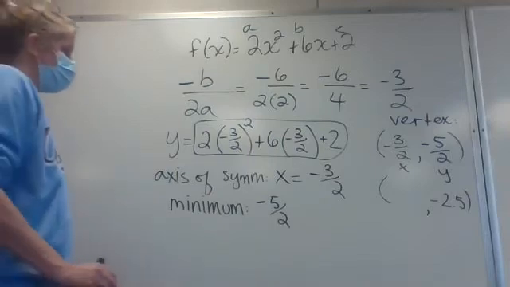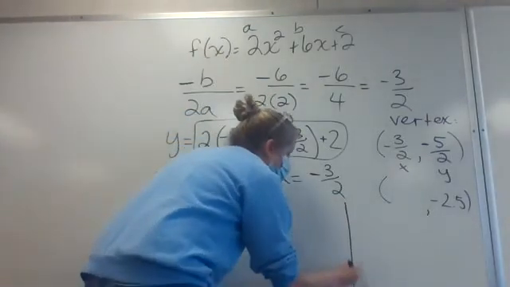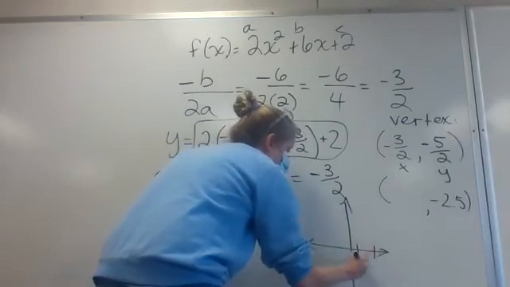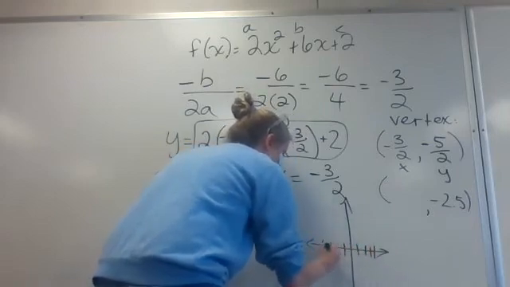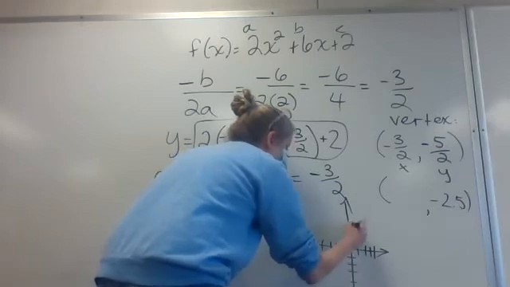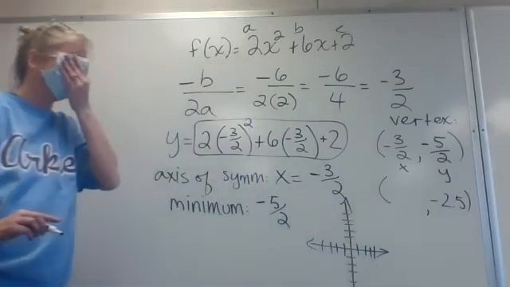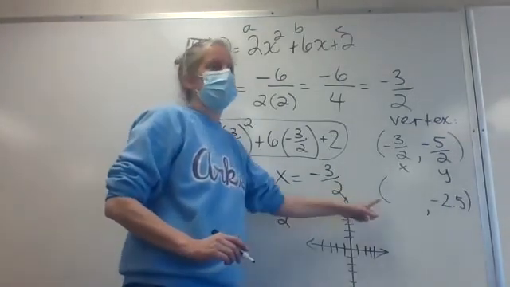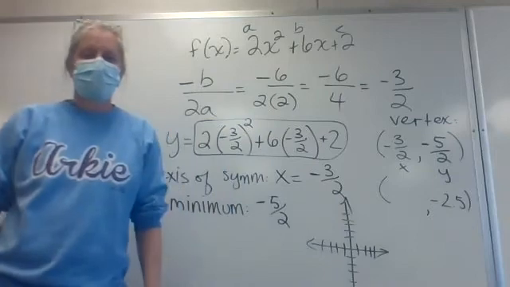The very first point it's going to want you to graph, once you tell it the parabola shape, your yellow instruction rectangle at the top of the graph is going to say plot the vertex.